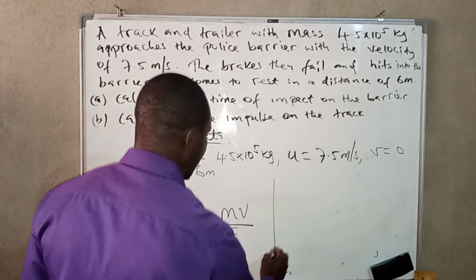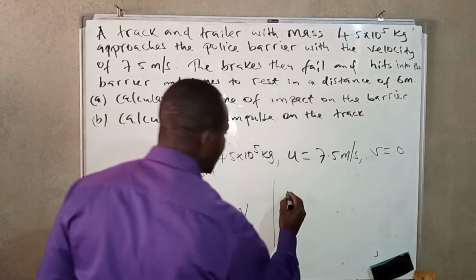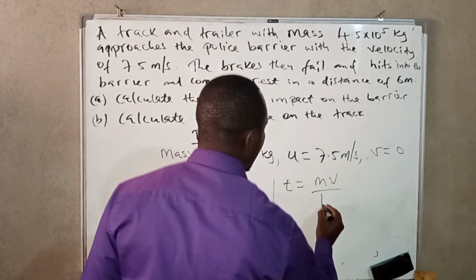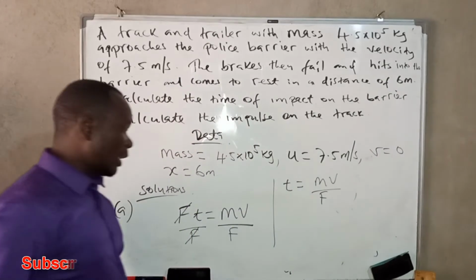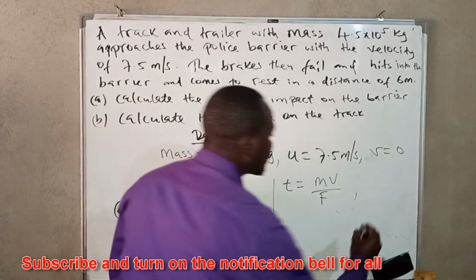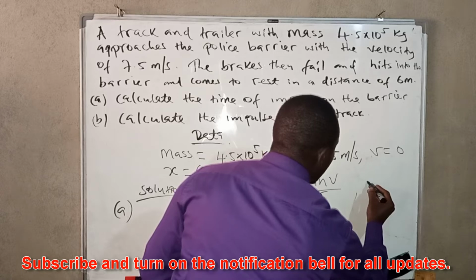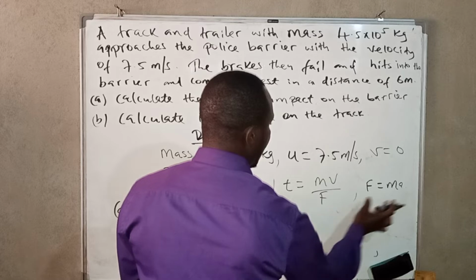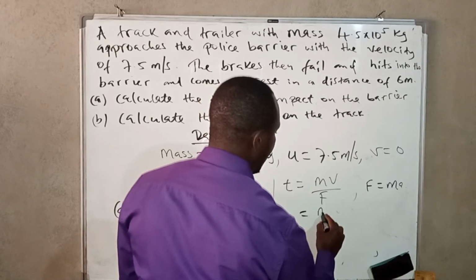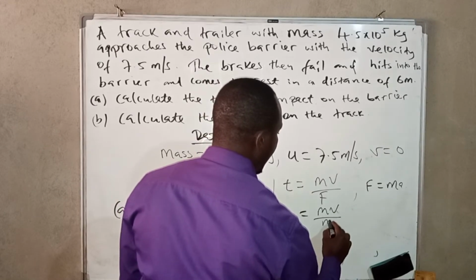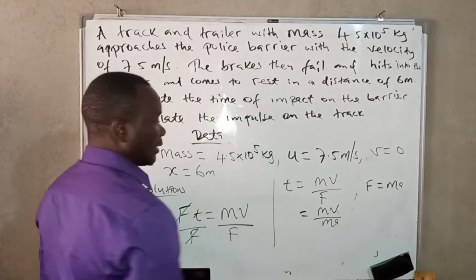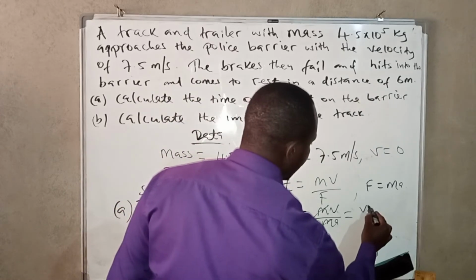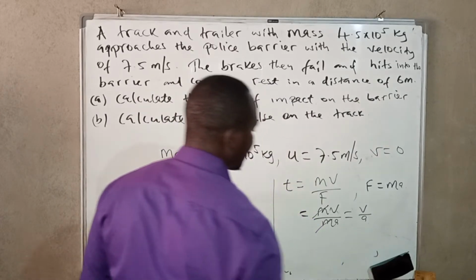And what we're going to have is t is equal to mv over F. But we know that F is equal to ma. So if we replace F by this, we are going to have mv over ma, and this can cancel, and what we're going to have is v over a.